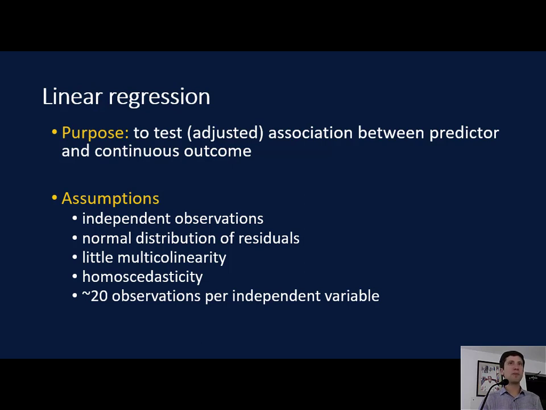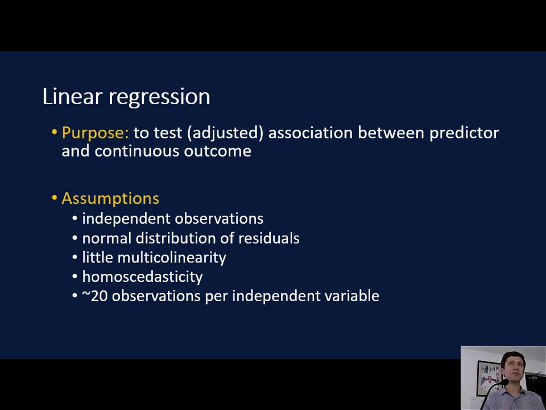Not just age, but maybe we want to throw male-female in there, and maybe we want to throw in diabetes status, yes or no, and maybe we want to throw in urban or rural residents. Maybe we have a good reason to do that as well. So there's a lot of variables in here, but if those variables are very strongly correlated with one another, that would violate this assumption of little multicollinearity.